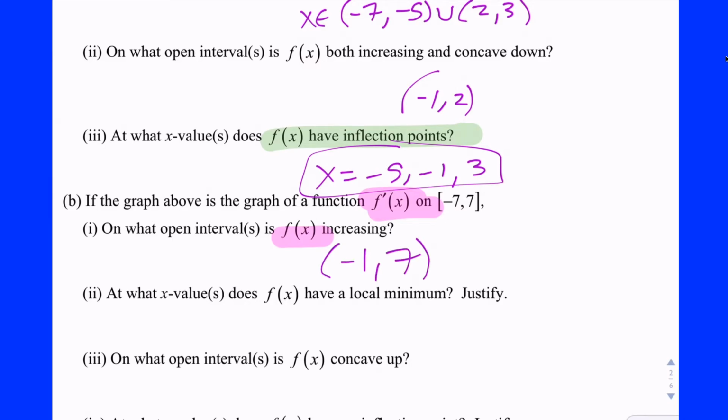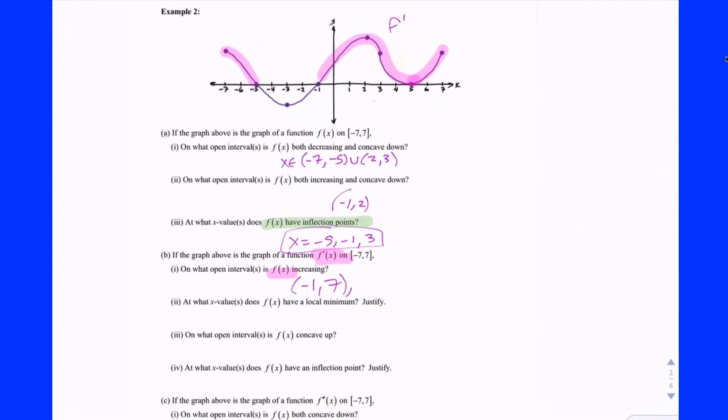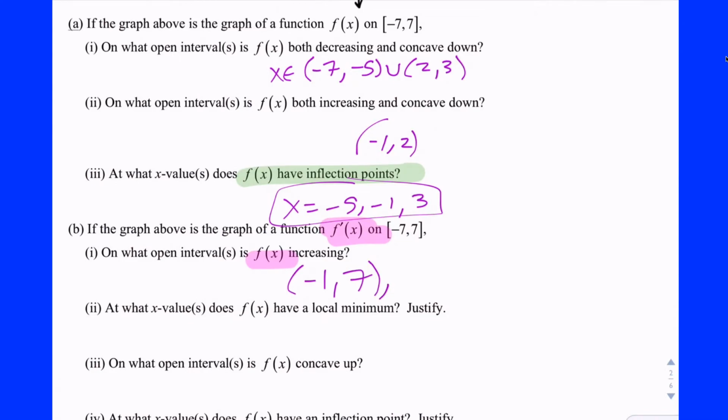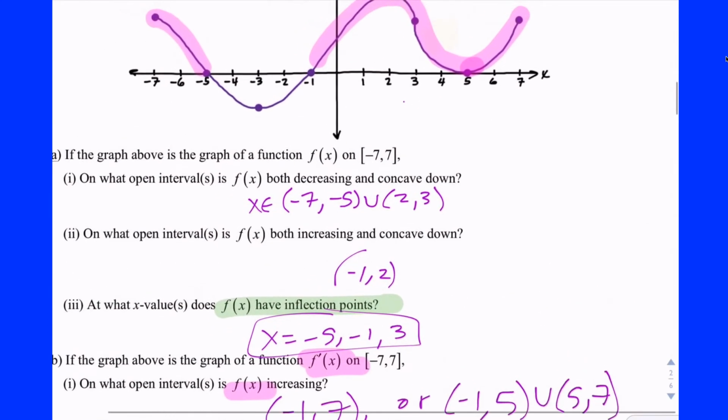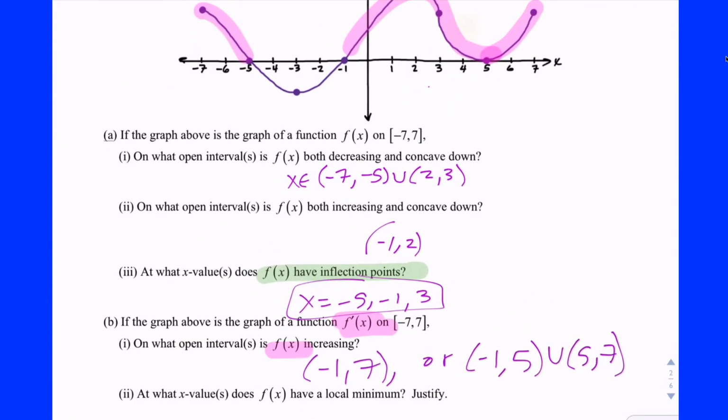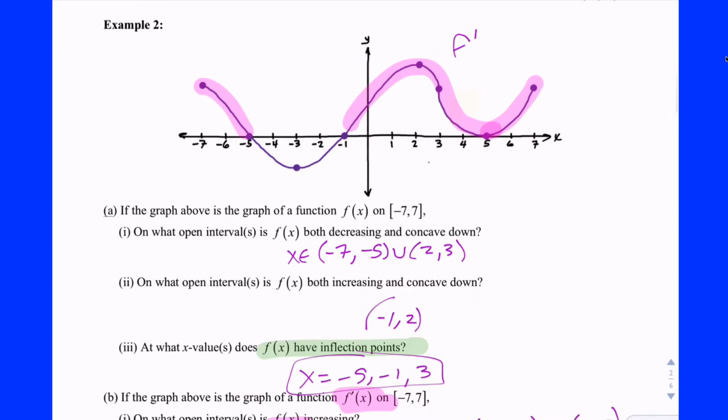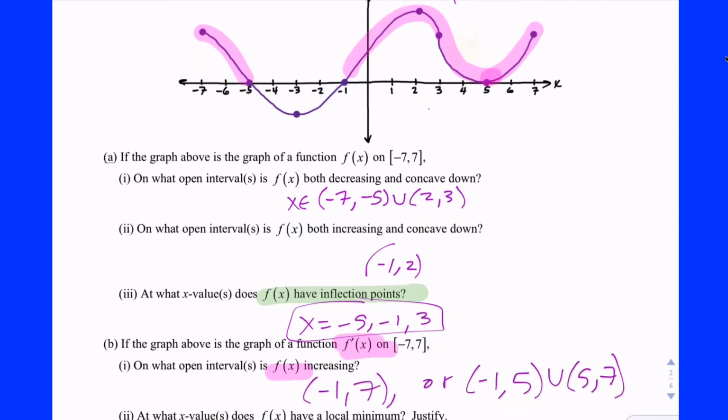And of course the question is, can we step over it if we want to? Could we also say -1 to 5, union 5 to 7? What am I doing? Oh, yeah. I'll come back and get that piece.